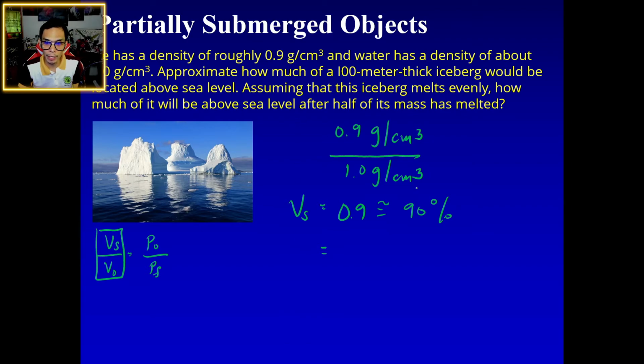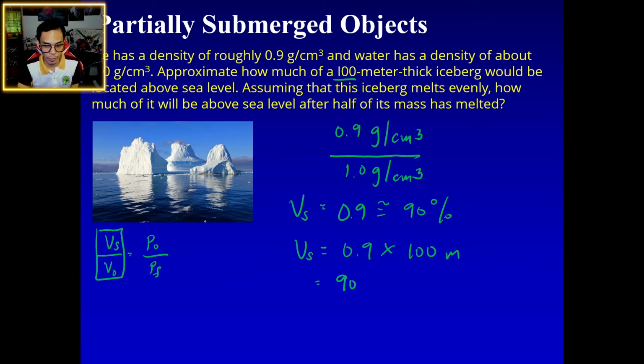Now, we will multiply 90% with 100 to find out how much of the 100 meter thick iceberg is located above the seawater. So 0.9 times 100 meters will be 90.